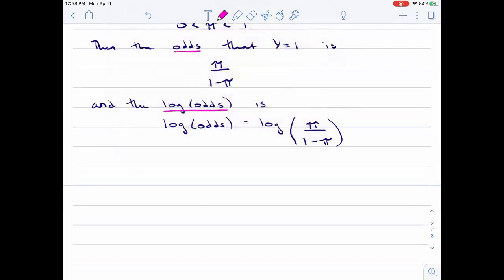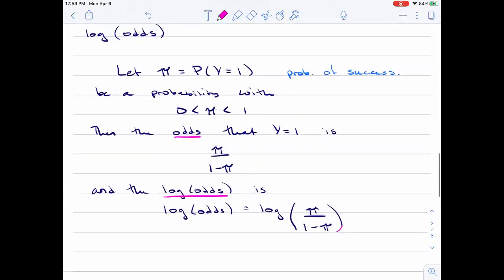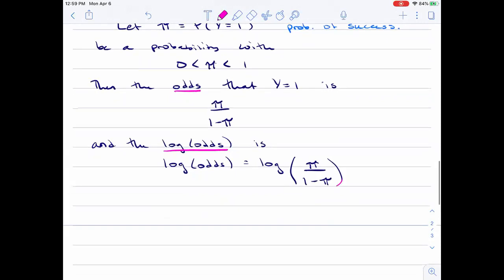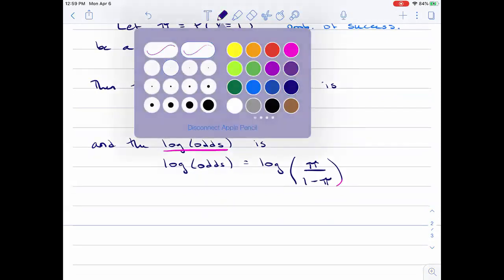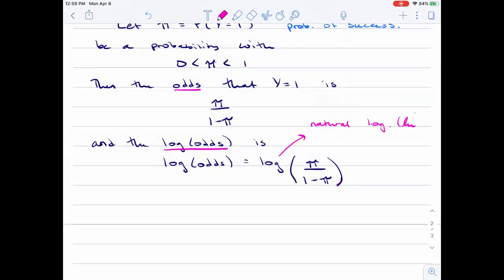As always, if we're talking logs in stats, we're going to talk the natural log, or ln if you prefer.